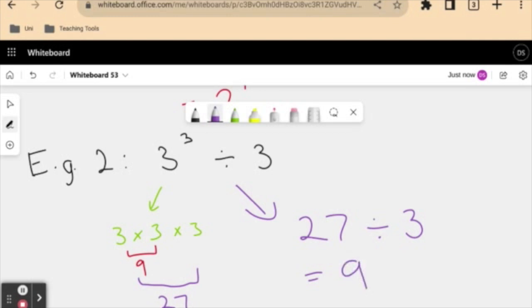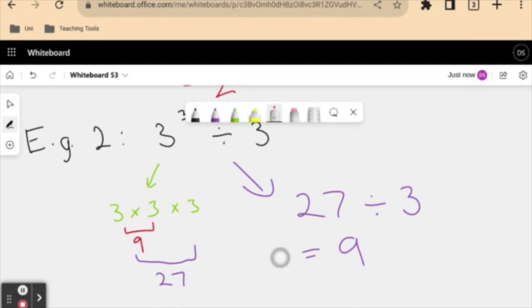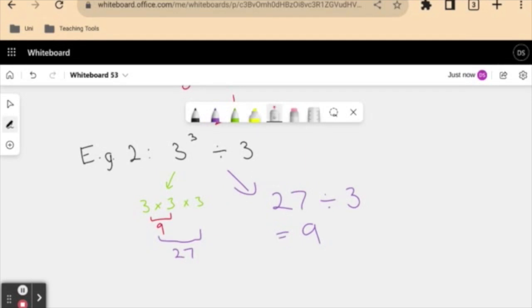But how can we write 9 as some base with some power? Well, this can just be rewritten as 3 squared, right? Because 3 times 3 gives us 9. So these two are pretty much equivalent statements. They mean the same thing. I can write this either just as an integer or some base number to some power. But another curious case that arises, well, to get 2, we could have just done 3 minus the 1 here.